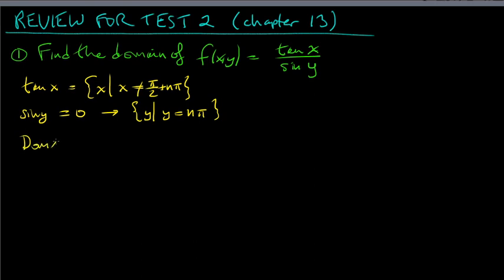So putting them both together, the domain is the set of points in the xy plane, right, because it's a function of two variables, such that, I know the book uses a colon, I use a vertical bar, same thing, such that x does not equal pi over 2 plus n pi, and y does not equal n times pi, right?